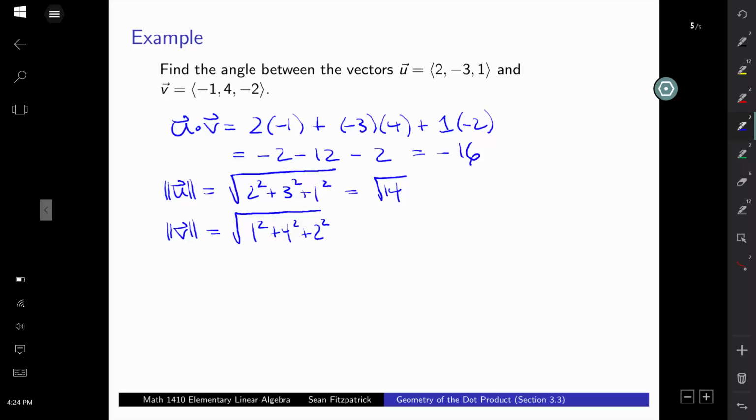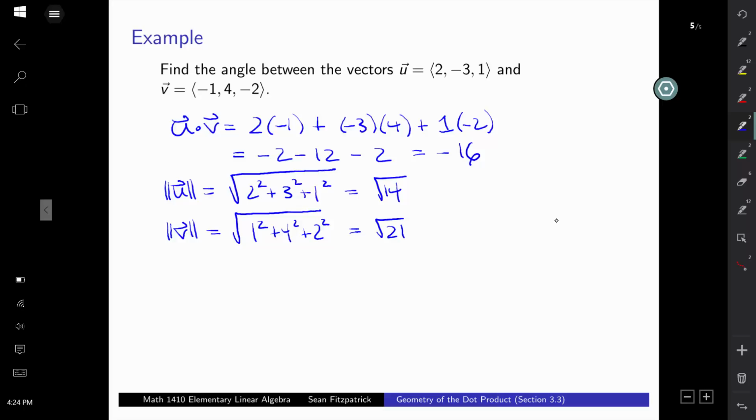Notice I'm not bothering to write down the minus signs because when we square these numbers, if there was a minus sign in front of them, that minus sign goes away. So I'm being a little bit lazy, or efficient, however you want to put it. I'm skipping the minus signs. So 1 squared plus 4 squared plus 2 squared adds up to give us 21, so we've got the square root of 21.